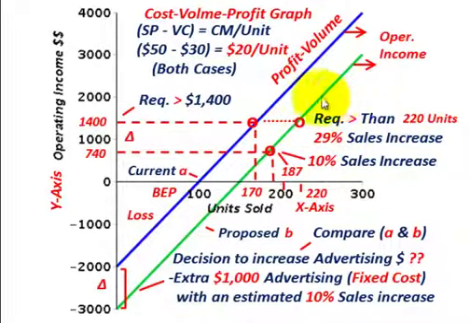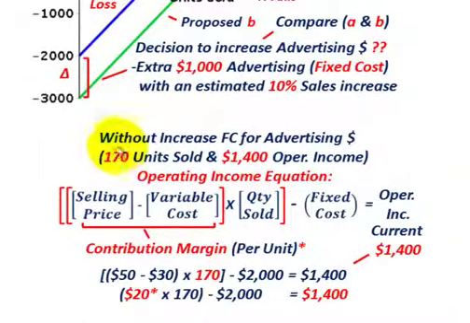Okay, so now let's go down and look at how we would calculate these numbers using our equations. First, without an increase in our fixed cost for advertising dollars, looking at 170 units sold and that $1,400 operating income, which is what we're currently doing.